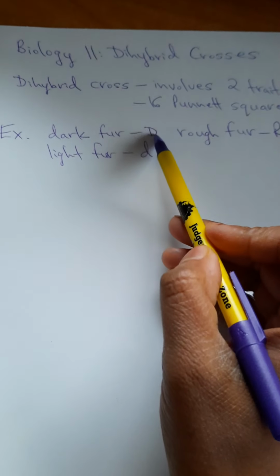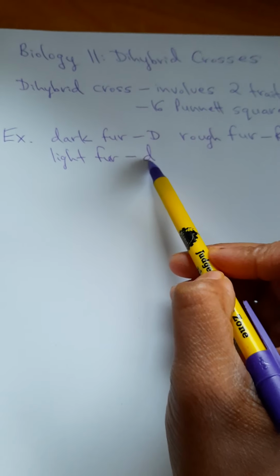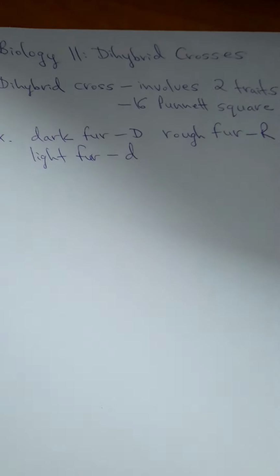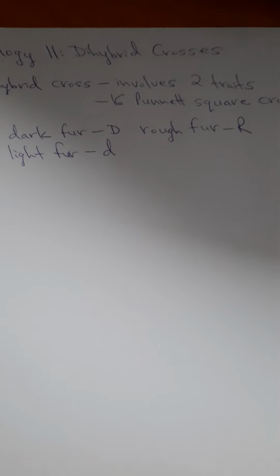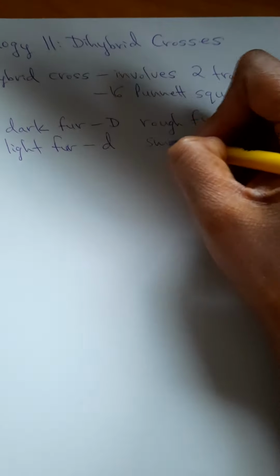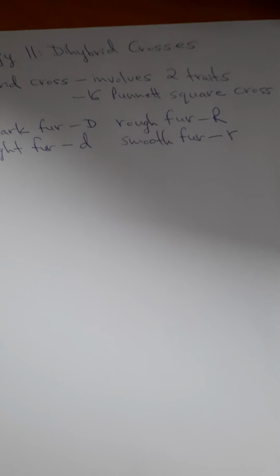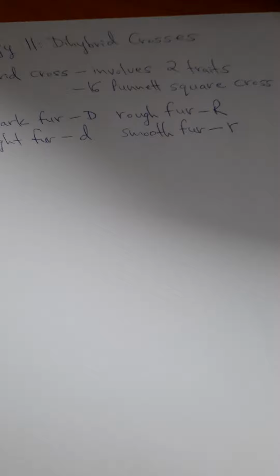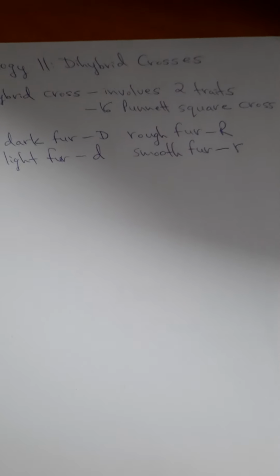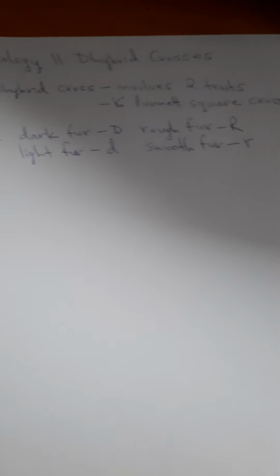You notice I'm using capital D for the dark fur and the lowercase d for the light fur. And here, where you have the rough fur, smooth fur is going to be recessive. Remember, recessive just means that I'm using a lowercase letter here, so the lowercase r.